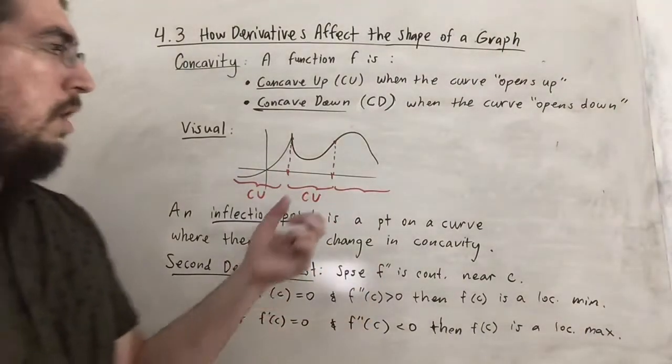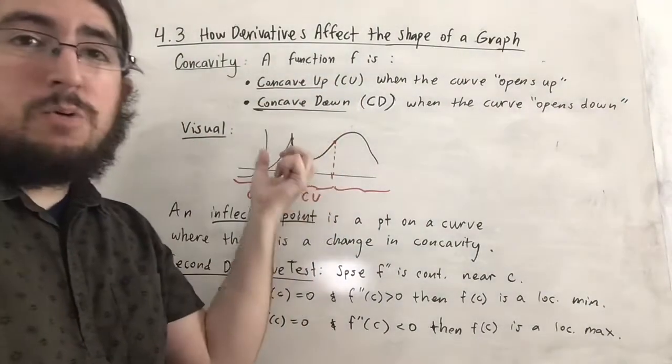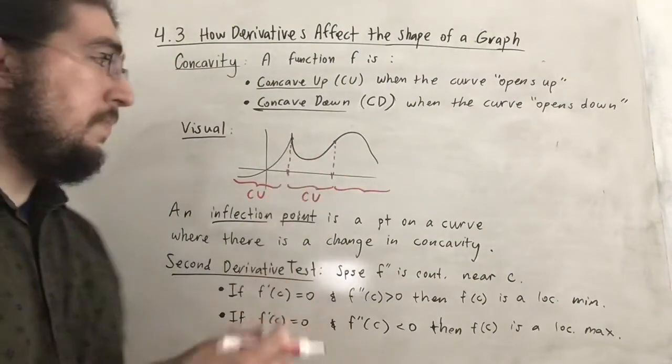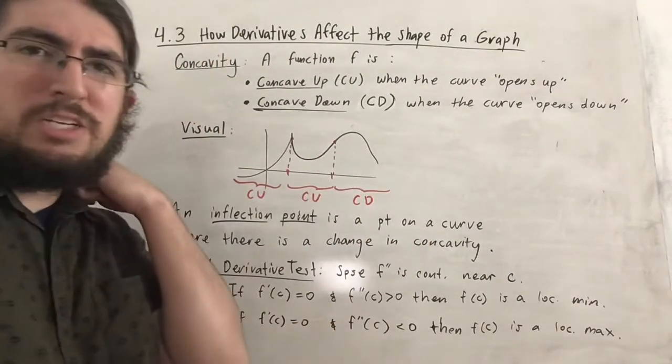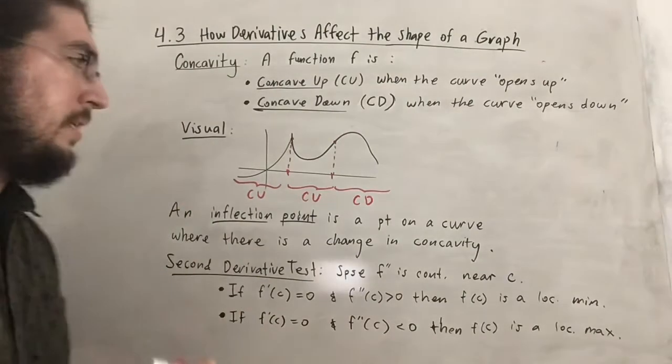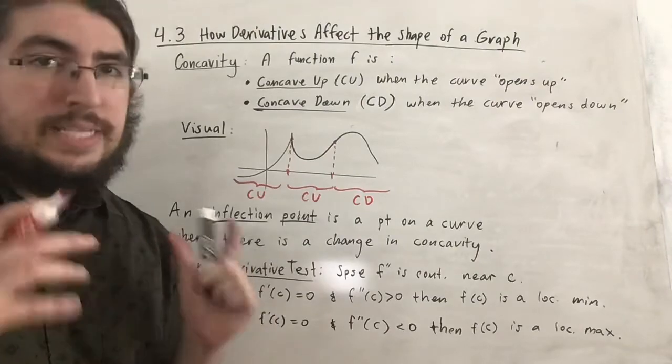Okay. What about here? Now this opens down. So this point is actually where it changes concavity from concave up to concave down. And I said there were different interpretations, and really here's what I mean by this. Now remember, the link to connecting things to calculus is considering tangent lines.